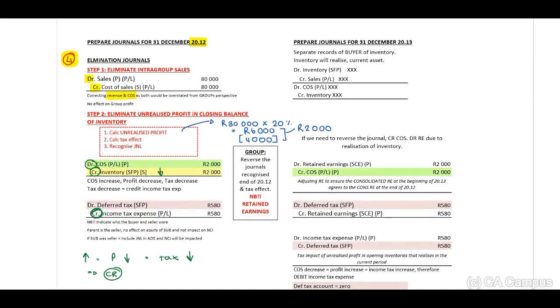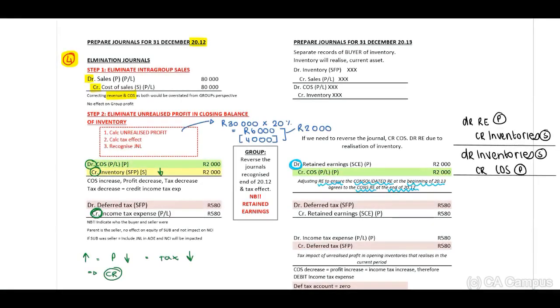Therefore, for 20.13, we will have to debit our retained earnings, adjusting our retained earnings to assure the consolidated retained earnings at the beginning of 20.13 agrees to our consolidated retained earnings at the end of 20.13.